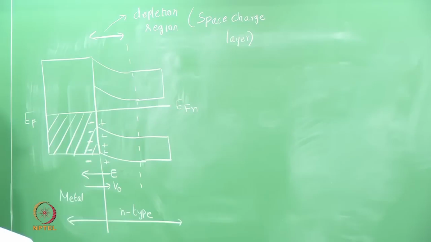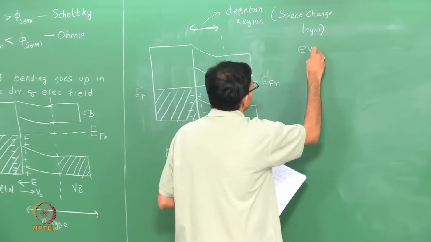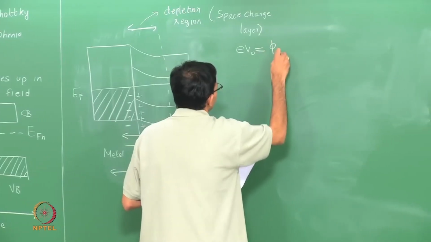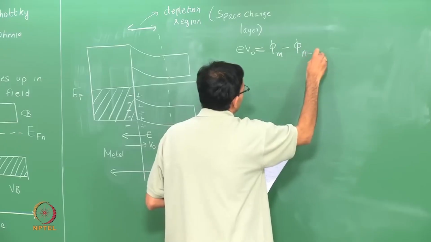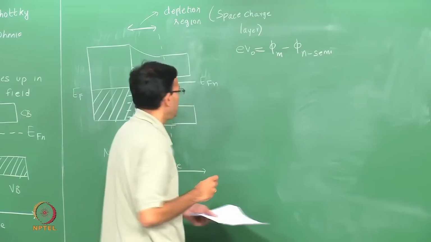Just like we had in the case of two metals, this contact potential depends upon the difference between the work functions. So, eV naught is nothing but phi m minus phi n; it is an n-type semiconductor, so I will just write it as phi n.